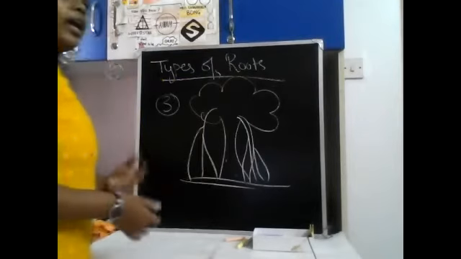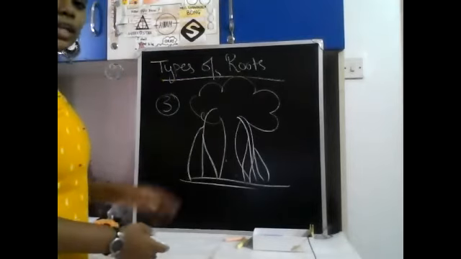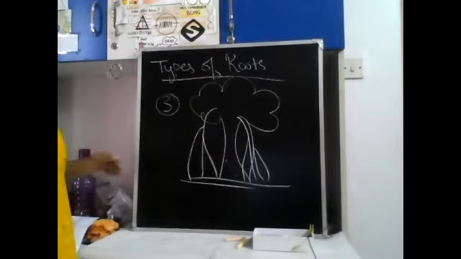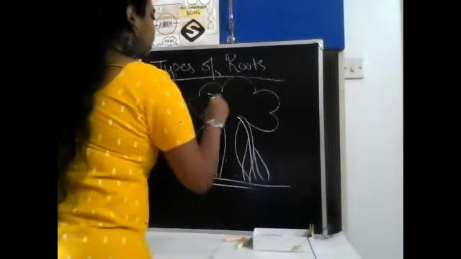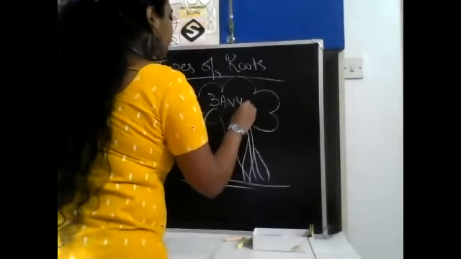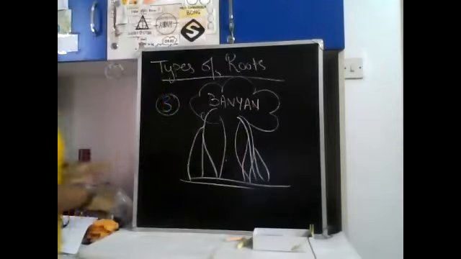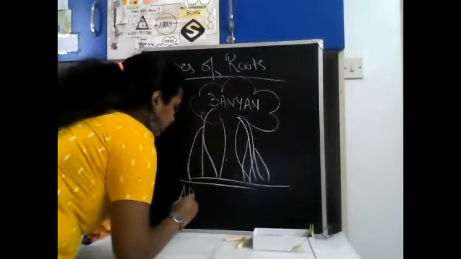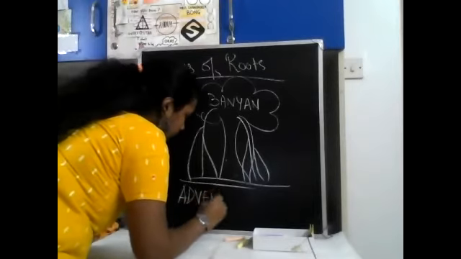What do I mean by aerial portions? Aerial portions means anything that is above the soil is aerial, that is in the air. So one popular example for these kind of roots is banyan. And the name of this kind of roots is called adventitious.